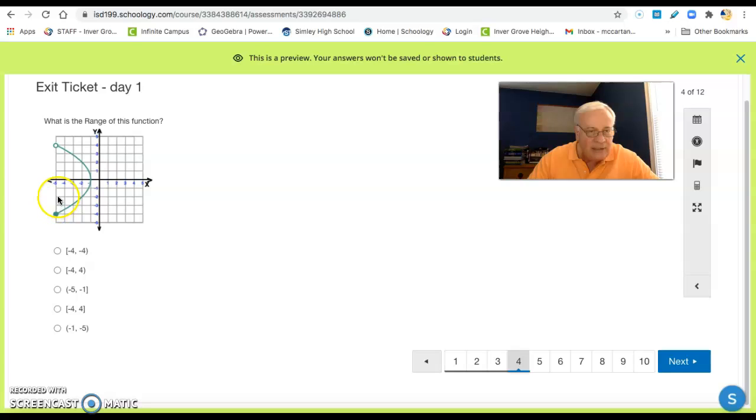Now, how high does it go? It goes all the way up here to 4. But the difference is, this is an open hole. It goes all the way up to 4, but it doesn't include 4. It includes every number up to 4, but doesn't include 4.